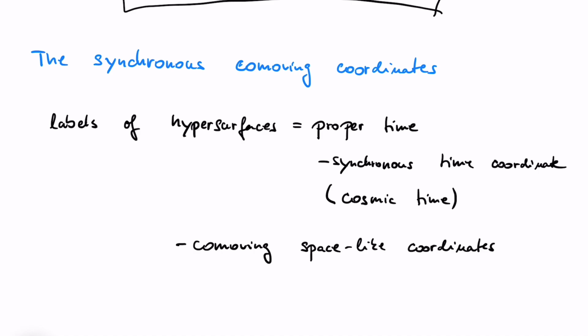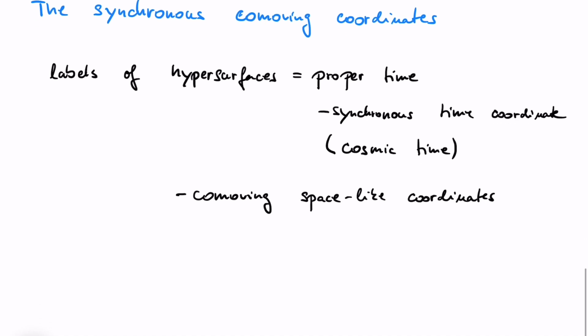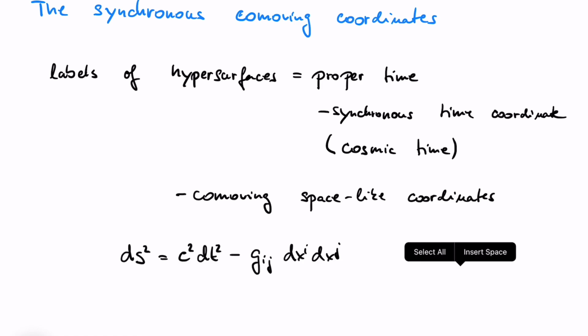Since the hypersurfaces are orthogonal to the world line of fundamental observers, there will be no time-space cross terms in the metric. Now, what can we deduce from homogeneity and isotropy?